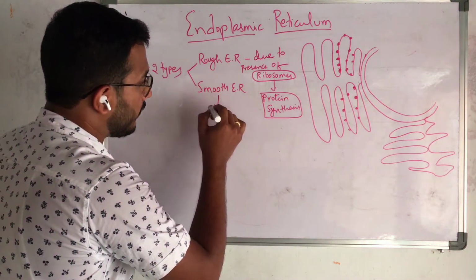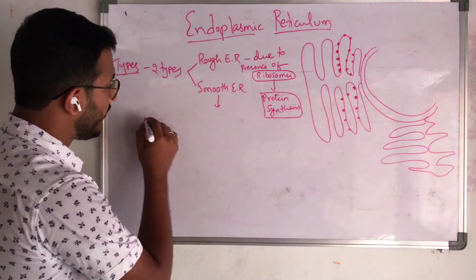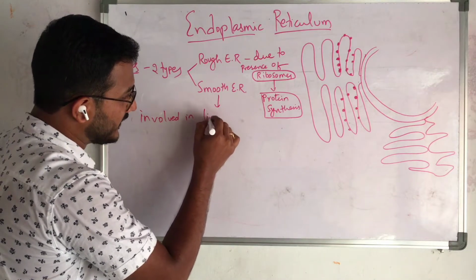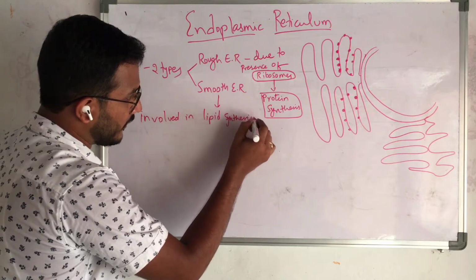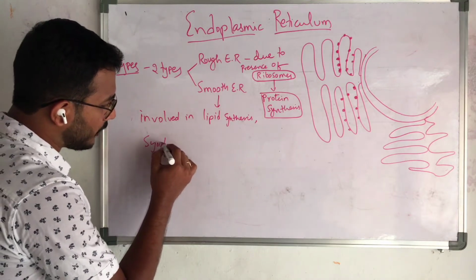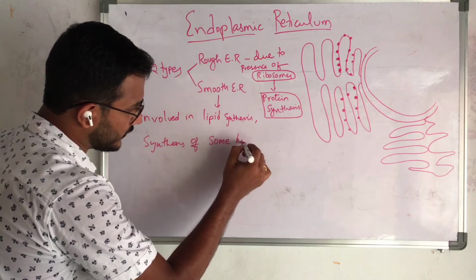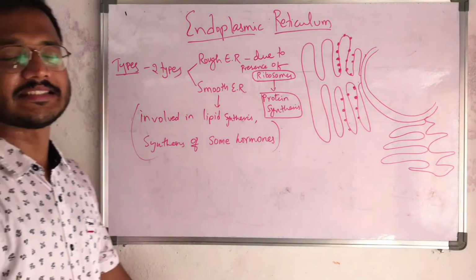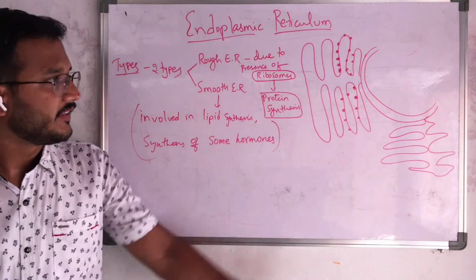And smooth endoplasmic reticulum is involved in lipid synthesis, and some studies say they are also helpful in the synthesis of some hormones. Okay, these are the functions of rough and smooth endoplasmic reticulum, and this is the structure.